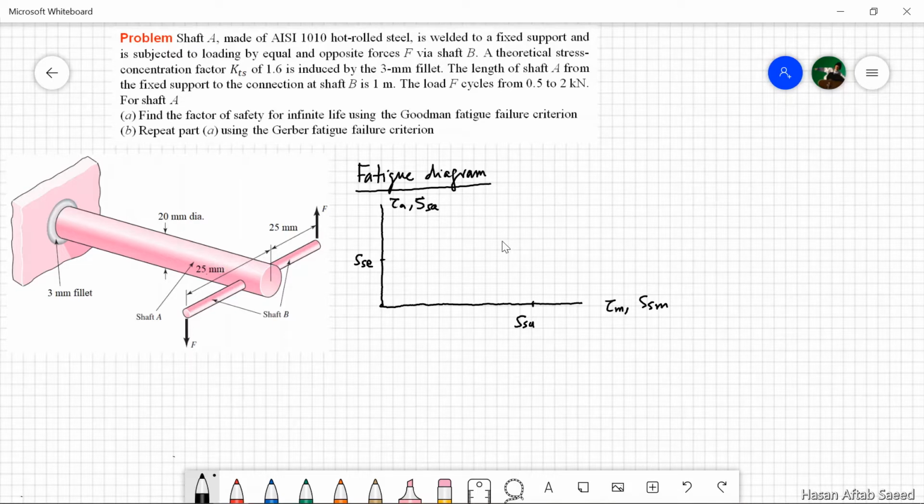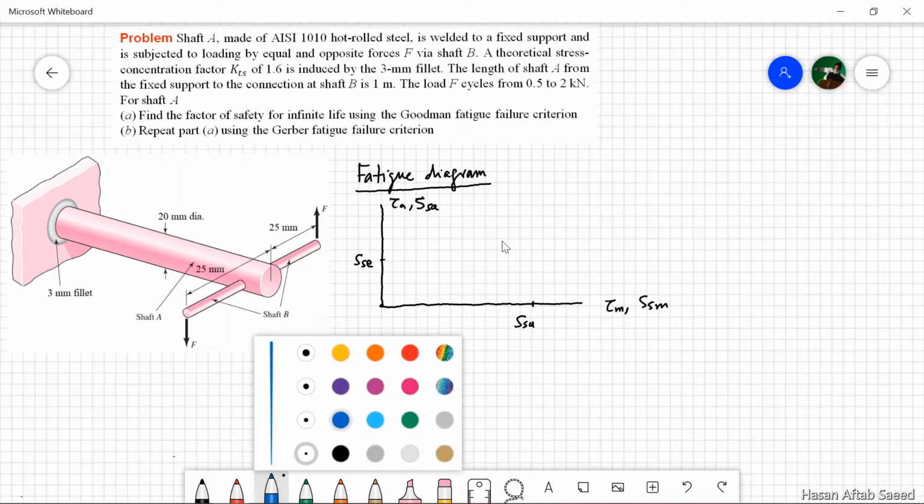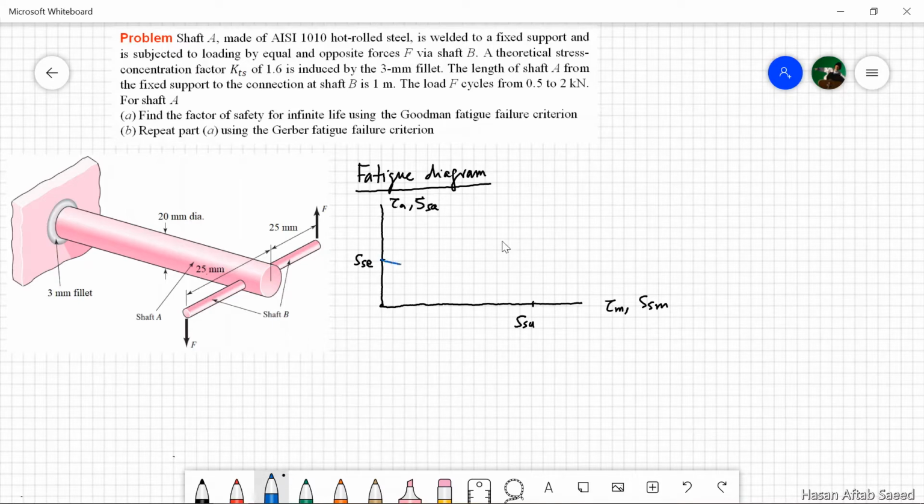And if it's the modified Goodman criterion, like there is the case in part A of this problem, we'll be just joining these two with a straight line, and then we'll be plotting this loading situation somewhere around here, and if it plots under this line, then you can say that it has a factor of safety of more than 1.